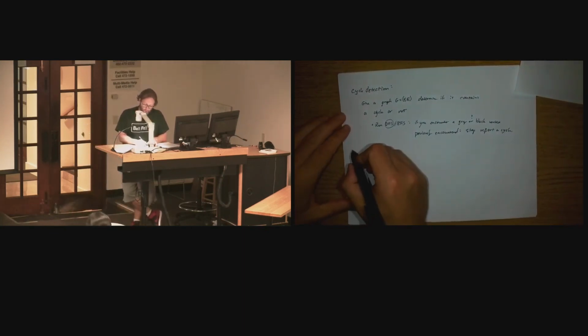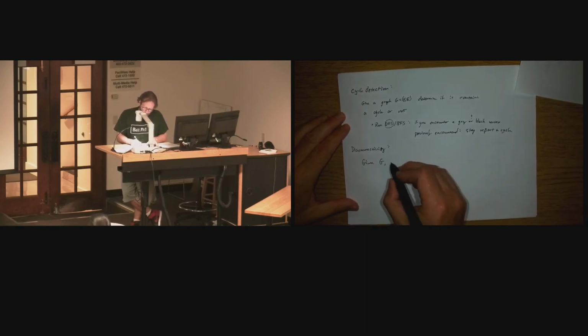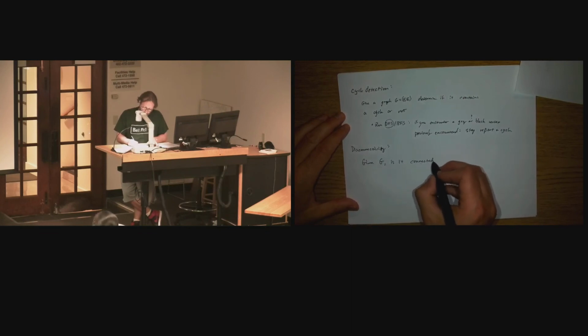You can also do disconnectivity, right? So given G, is it connected or not? In other words, is it two connected components? Say a triangle over here and then this component over here, right?